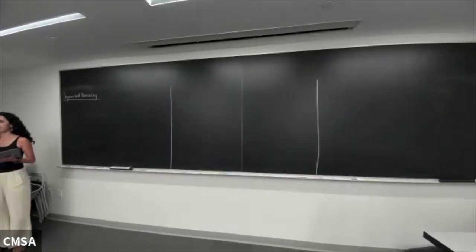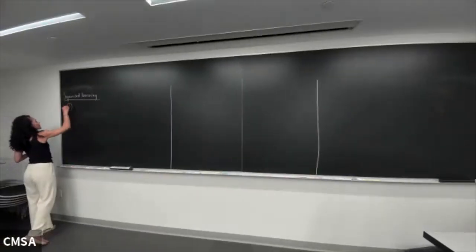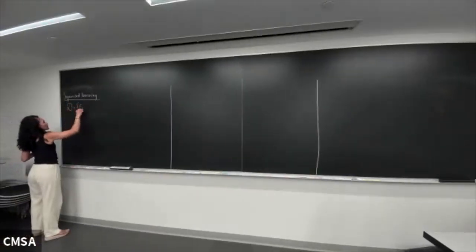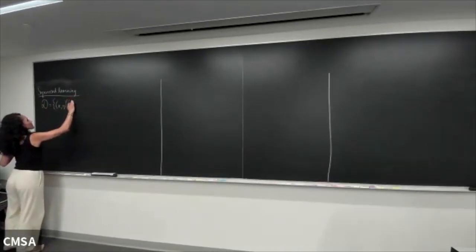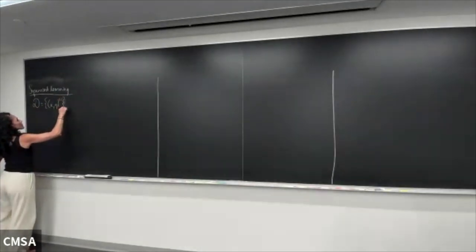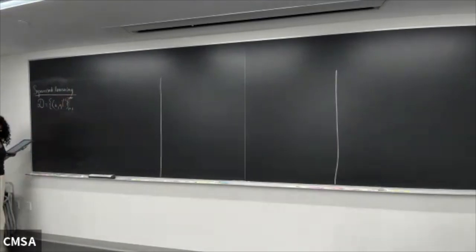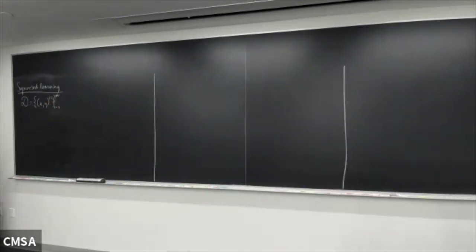starts with some data, and that data comes in the form of input-output pairs. Say you have M input-output pairs, and these input-output pairs are in Euclidean spaces.